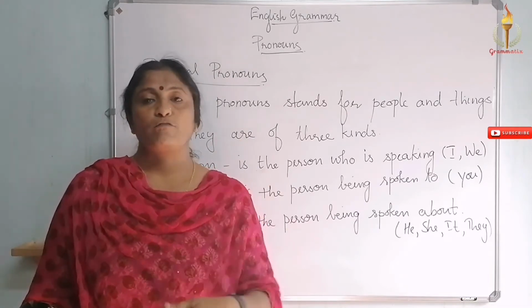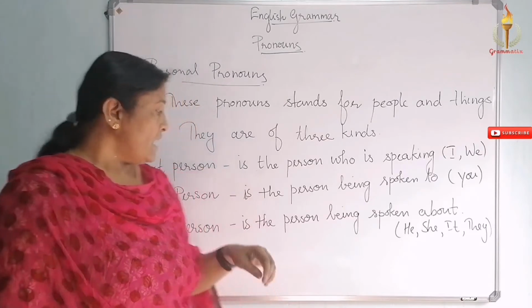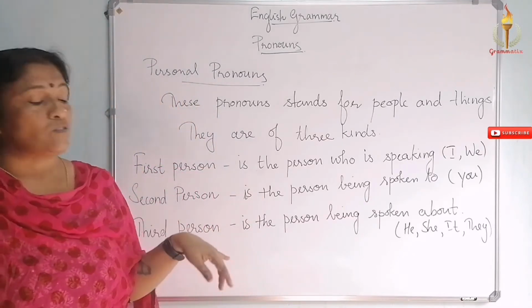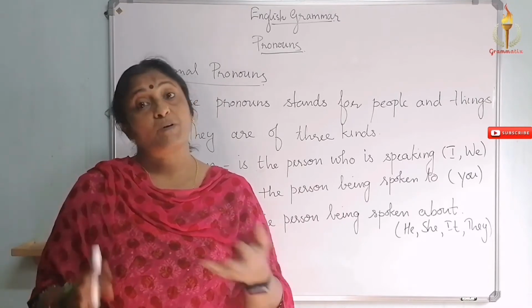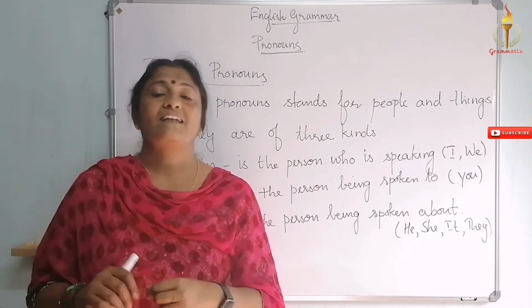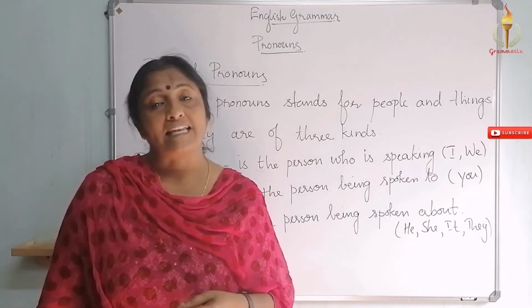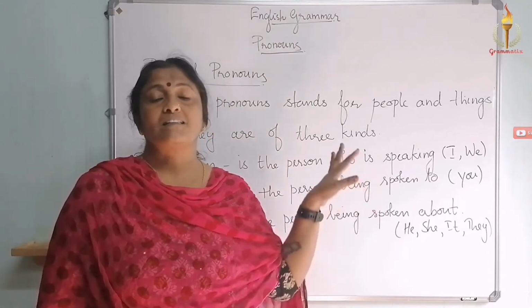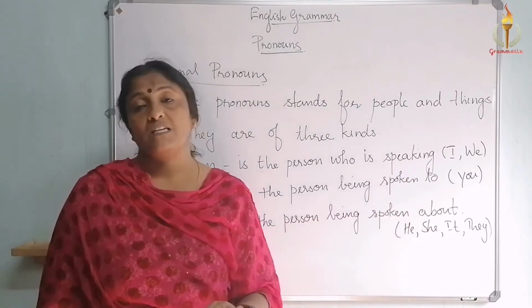The person in front of you, that is you. That is what the second person is. And next is the third person, the person being spoken about. Somebody we are speaking about, that is the third person. So that is he, she, it and they. So these are the personal pronouns: I, we, you, he, she, it, they.